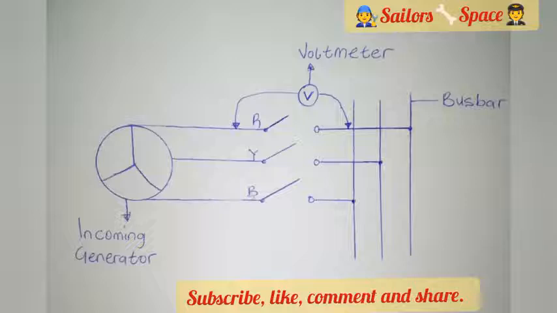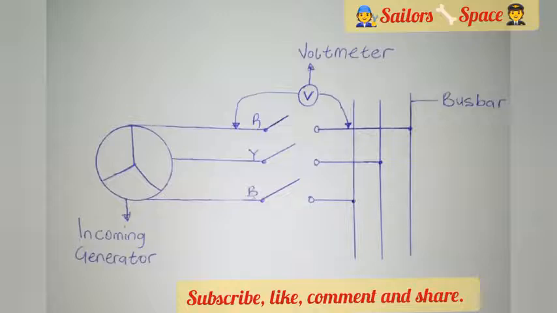So when this happens, you keep monitoring it. The correct point at which you're supposed to close the circuit breaker with this system is when the voltmeter indicator passes through the 0 point position again. That is, when the voltmeter rotates slowly from 0 to the maximum and comes back through the 0 position, you now close your circuit breaker.